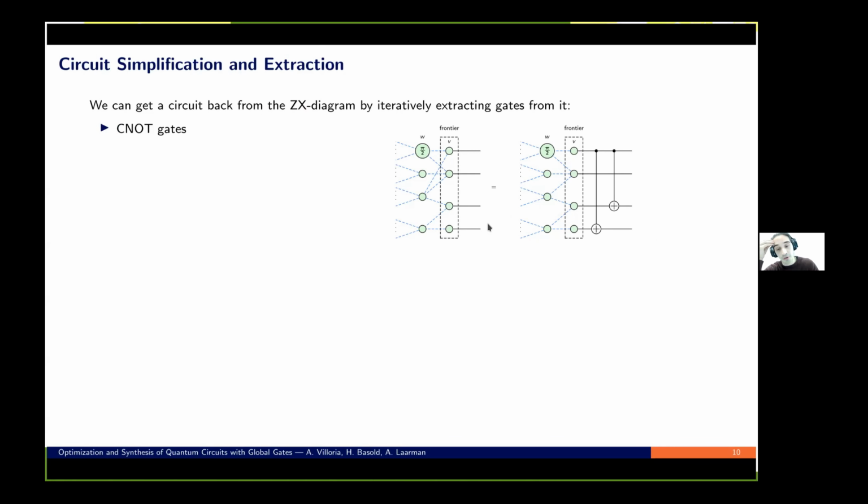If you want to simplify the connectivity of the frontier with its neighbors, you can apply CNOT gates. In this case, the vertex that is the control of a CNOT will get simplified. This is the one that we will operate on.